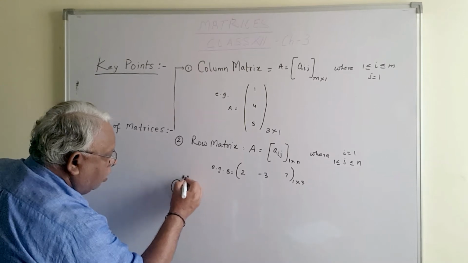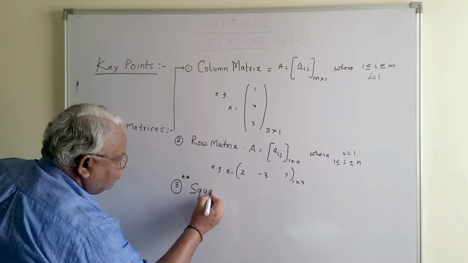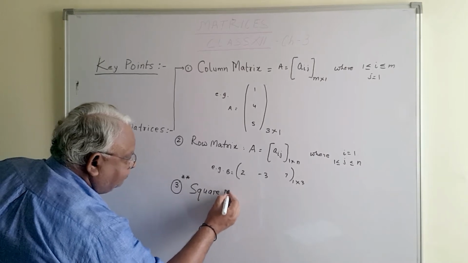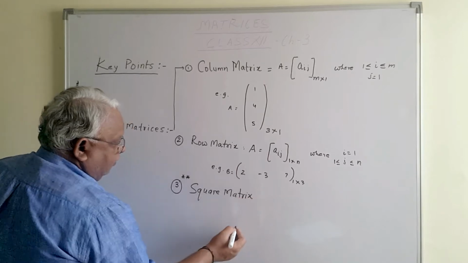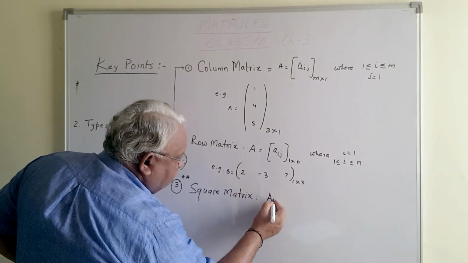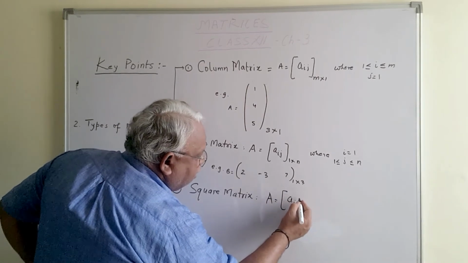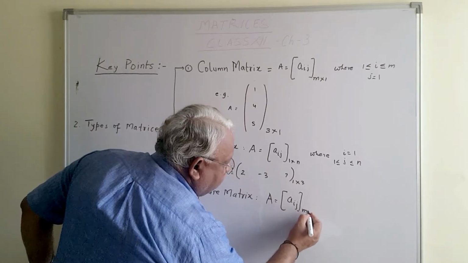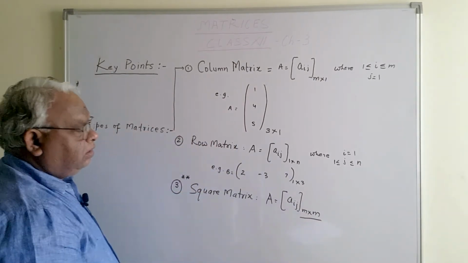The third one is the most important for you to understand. It is called the square matrix. What is a square matrix? A square matrix is defined as A equal to Aij, m cross m. This is very important.